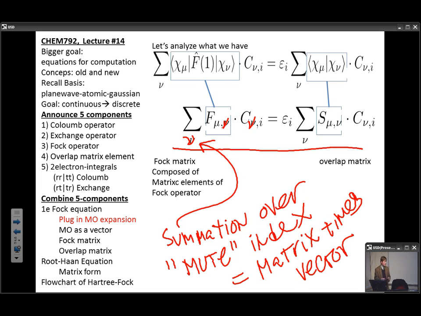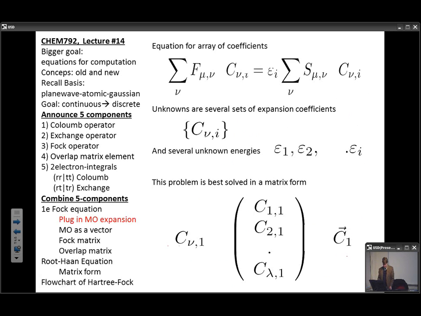So this set of unknown expansion coefficients can be considered as a vector, right? This set of matrix elements can be considered as a matrix, and then the whole Fock equation is converting into an algebraic set of equations, a matrix equation. There are no derivatives, there are no continuous variables, just a set of matrix by vector.